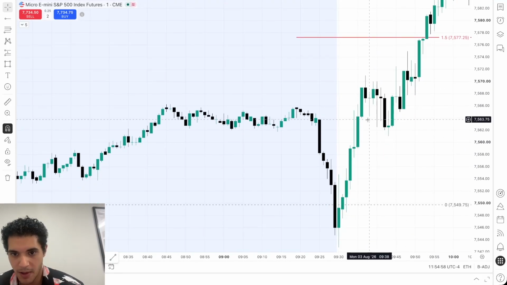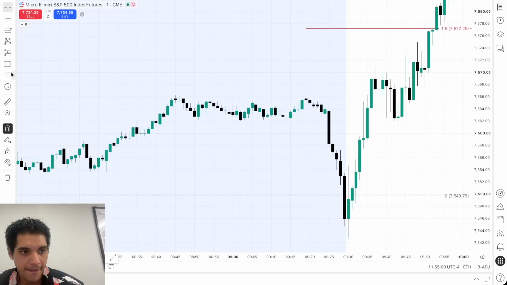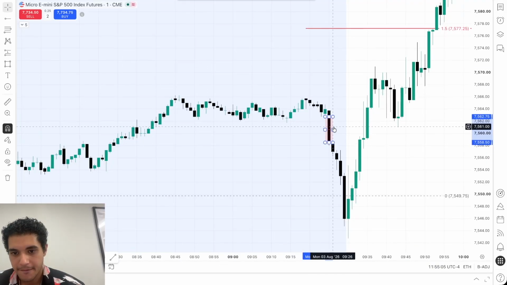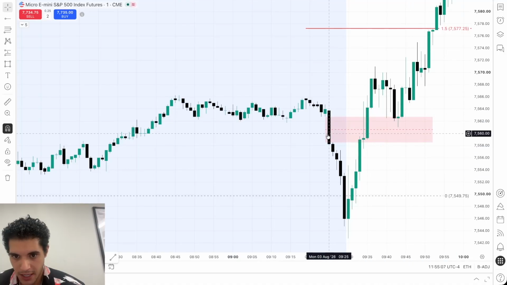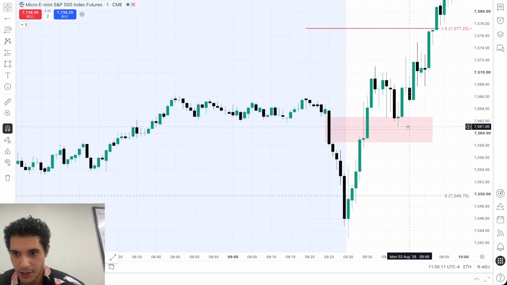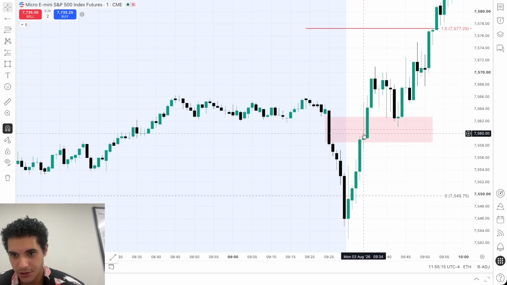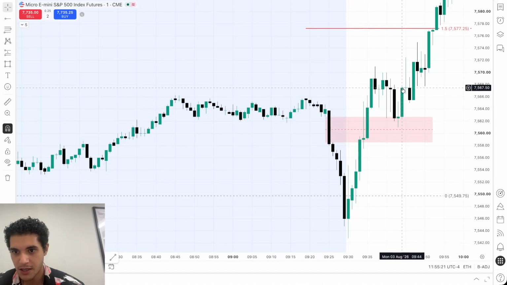Just as a pullback, okay? You have this inversion fair value gap right here. This big wick is also technically a gap, but I like this inversion fair value gap. We can't even trade to the midpoint of it.